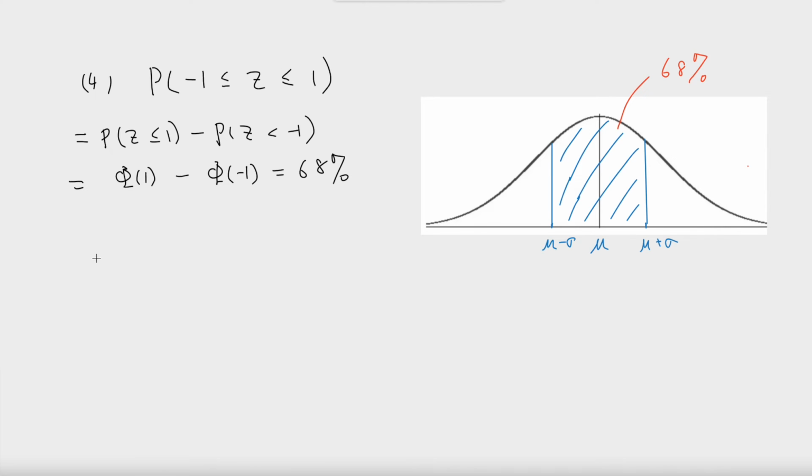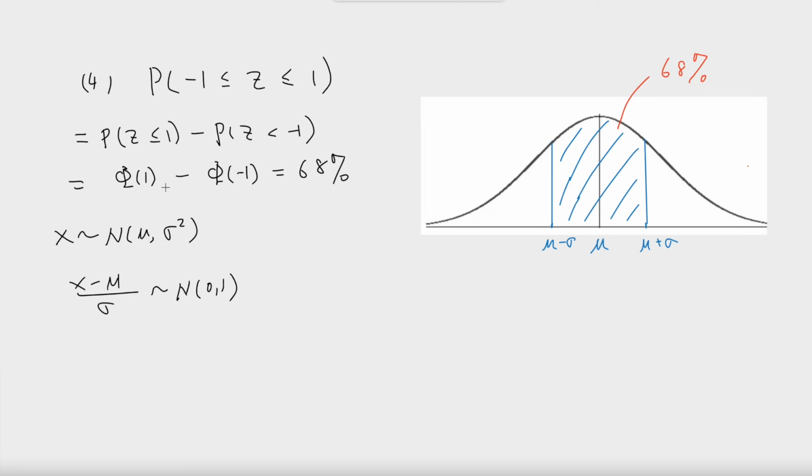Now, in the next video, we're going to show that given any random variable X which is normally distributed with the parameters mu and sigma, X minus mu divided by sigma, or X minus its mean divided by its standard deviation, is going to be a standard normal.